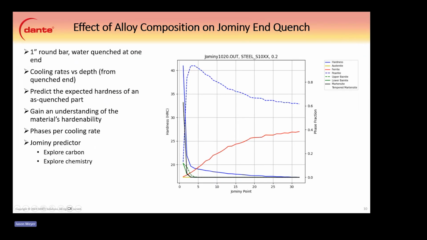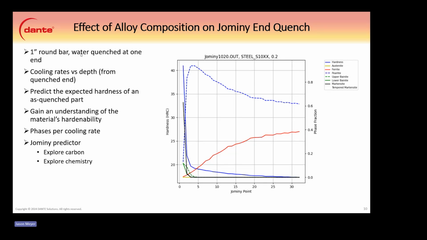Going back to the presentation here, we also explore a little bit of effects for the Jominy end quench. Now the Jominy end quench uses a 1-inch round bar that's austenitized, and then it's water quenched at one end. There's a bunch of standards that are involved with that, like a 1/2-inch orifice for the water quench, and it has to be about 2.5 inches tall for the water column.